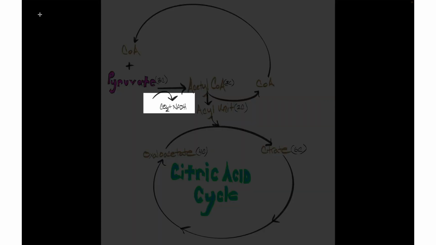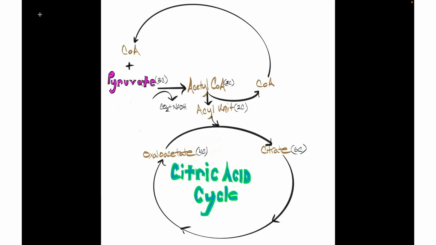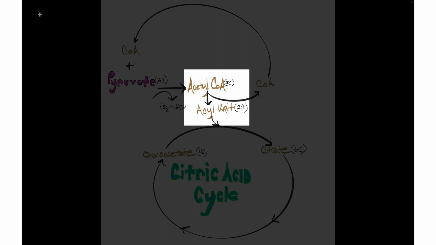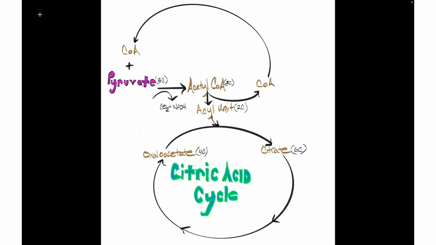But what I'm concerned about in this image right here is that in the presence of oxygen, pyruvate reacts with coenzyme A to produce acetyl coenzyme A. That acetyl coenzyme A is broken down into an acyl unit, and that acyl unit is going to enter the Krebs cycle, otherwise known as the citric acid cycle. It is not acetyl coenzyme A that enters the citric acid cycle, it's the acyl unit.